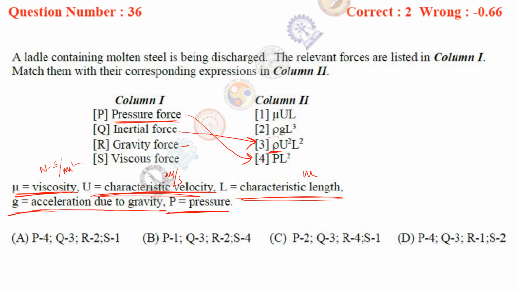Whenever there is a pull, a mass will be pulled with the help of gravitational force. So the G term should be there. So R will match with 2. And viscous force comes from the viscosity. So S will match with 1.